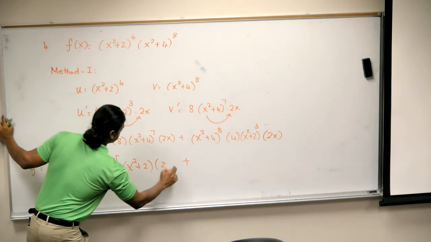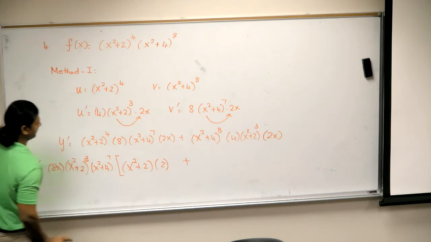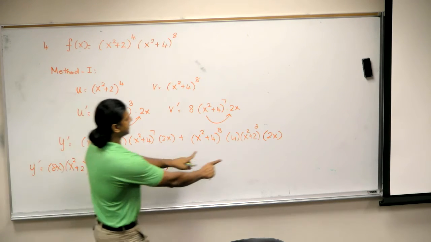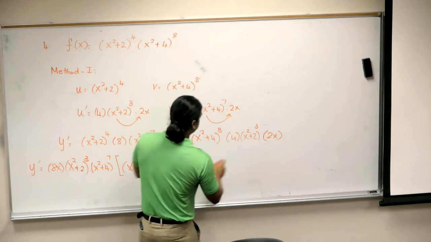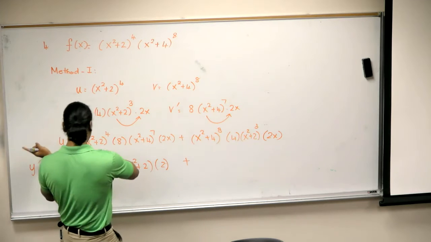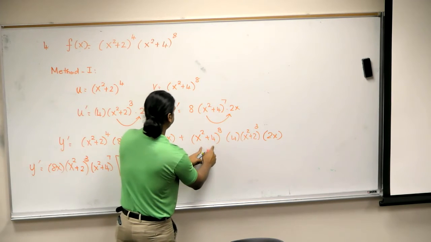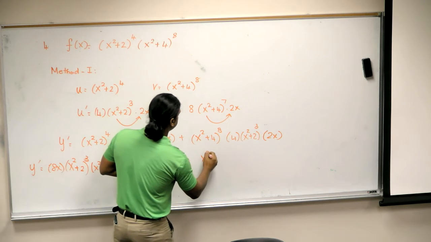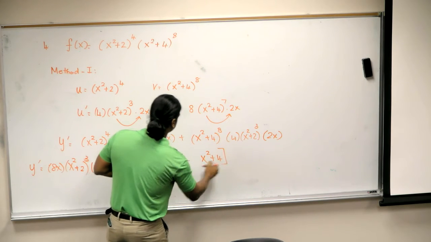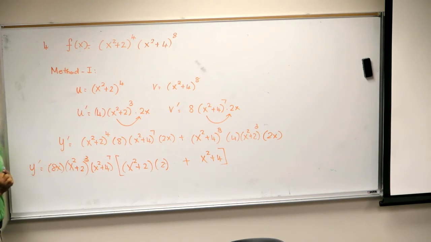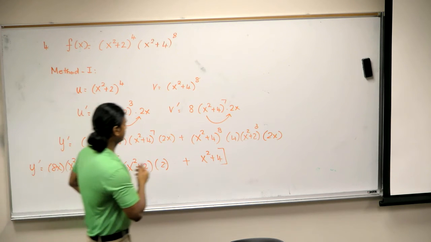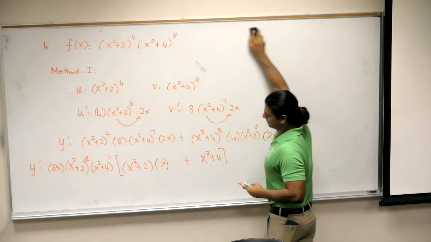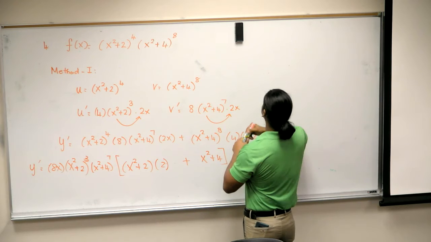I took the 8x out, I took x squared plus 2 cubed out, and I took x squared plus 4 raised to 7 out, which means I'm left with x squared plus 4 in one term, and x squared plus 2 times 2x in the other.